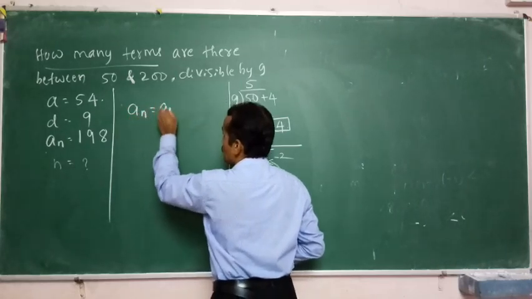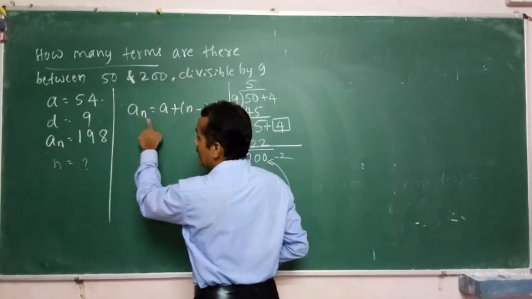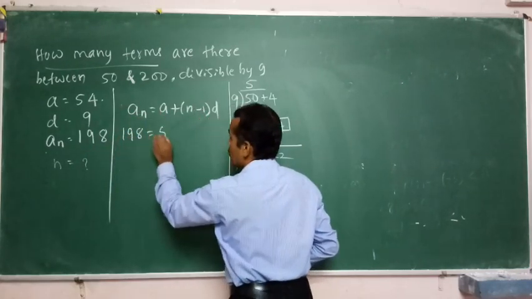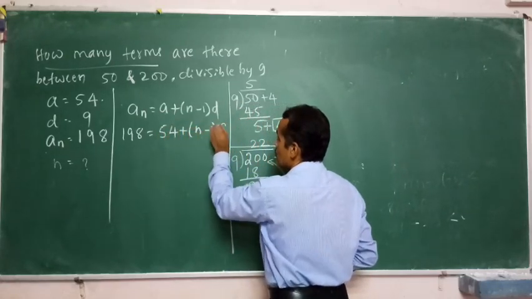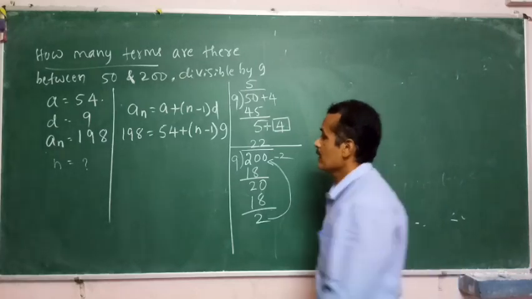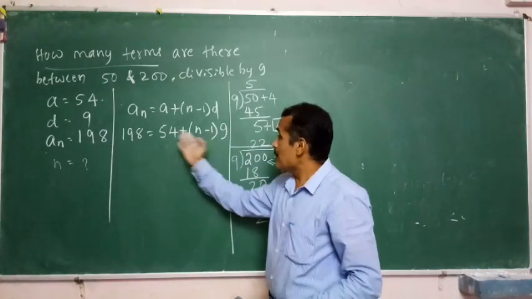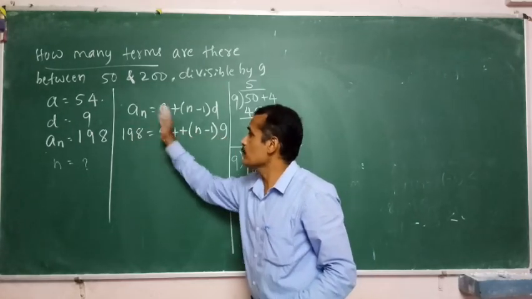An is equals to a plus n minus 1 into d. 198 is equals to a 54 plus n minus 1, n is unknown for me, into d is equals to 9. Come on. What will I do? I will open the bracket, or I can transfer this 54 to the LHS.